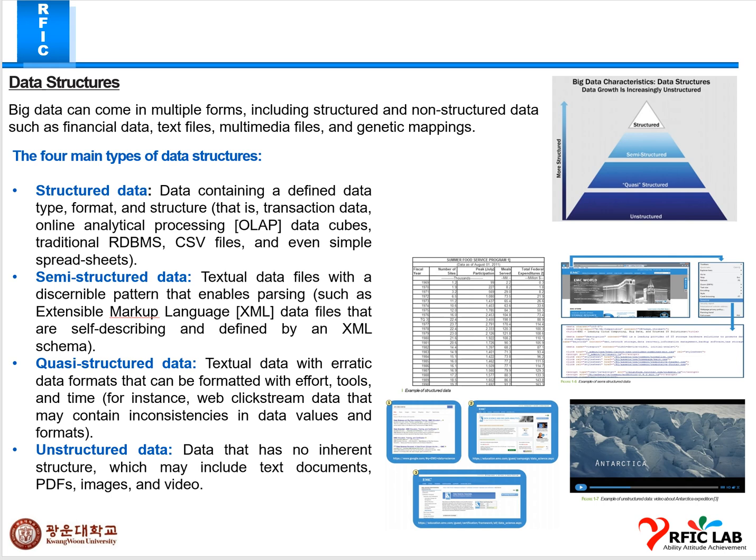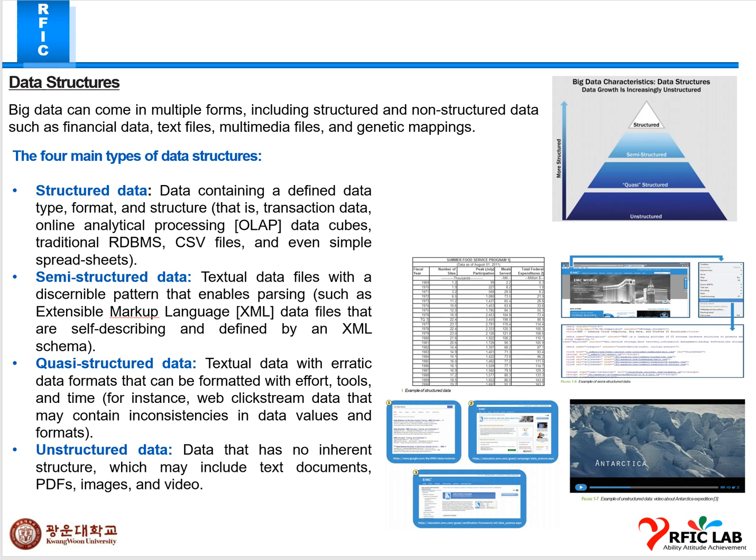Examples include OLAP, that is online analytical processing, data cubes, and RDBMS, a relational database management system. A CSV file is a type of file, and even a simple spreadsheet is called structured data.